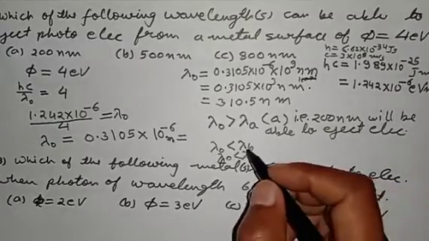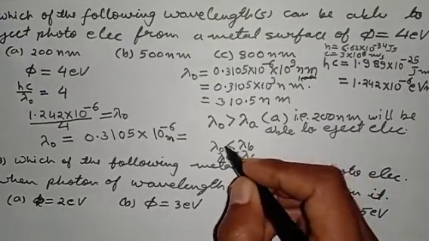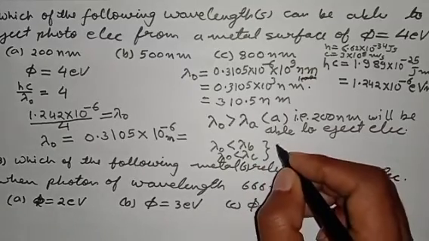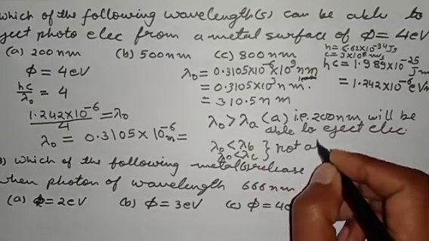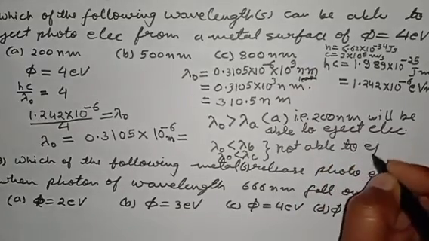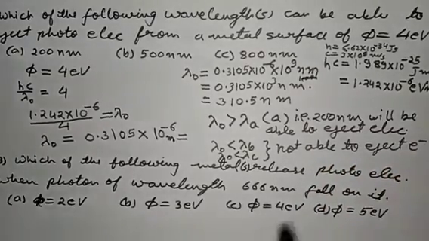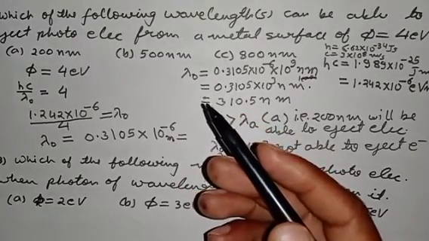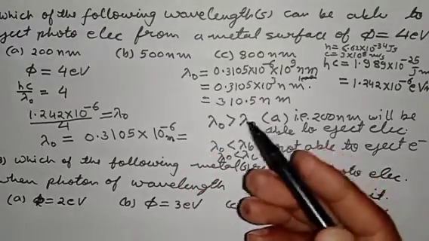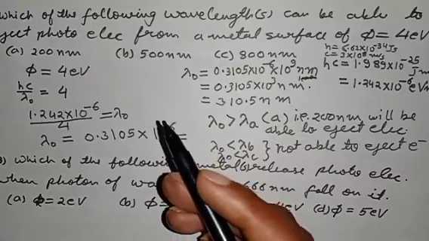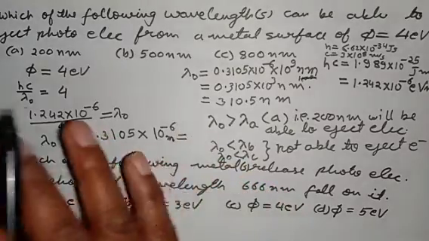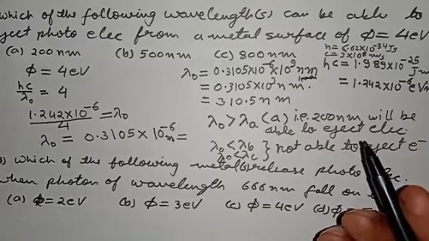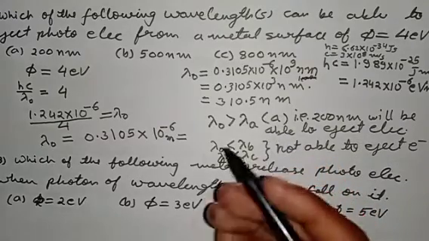Or in other words, lambda b and lambda c are greater than lambda naught, so they are not able to eject electron. I repeat, if frequency were given, we would find the frequencies greater than threshold frequency, but for wavelength we go the other way, and the wavelengths less than the threshold wavelength can eject electron.